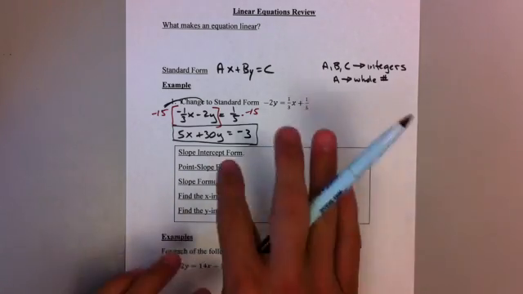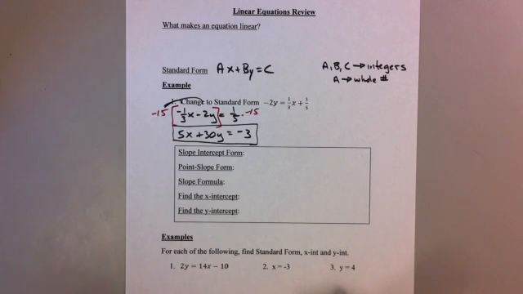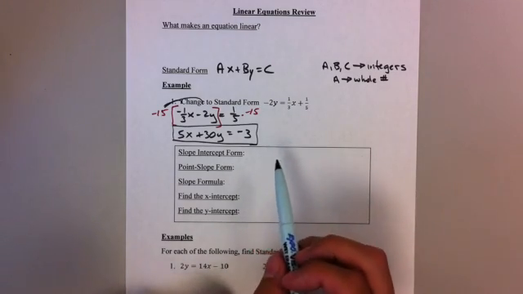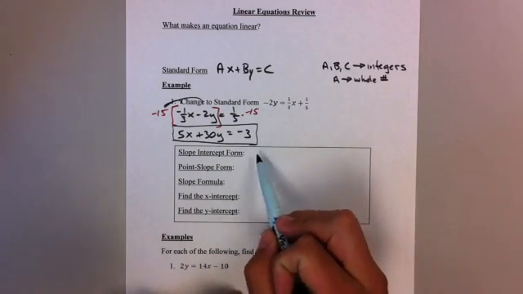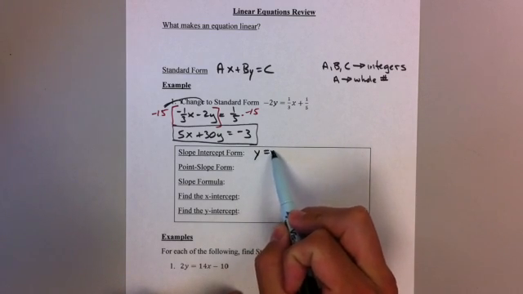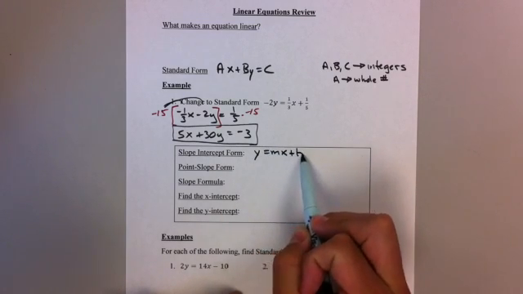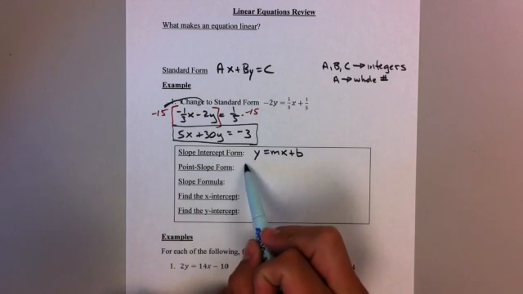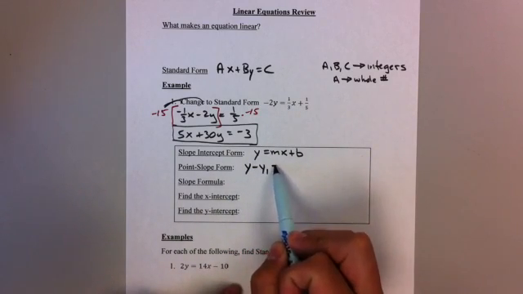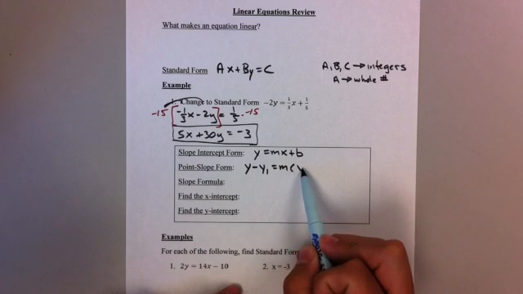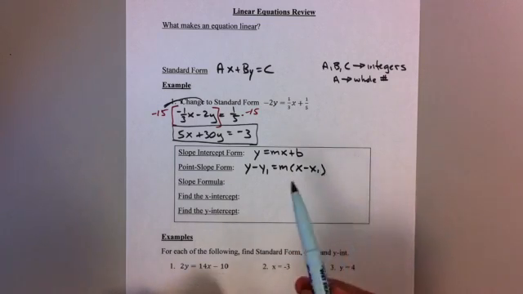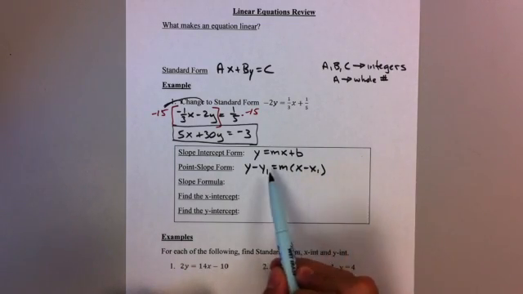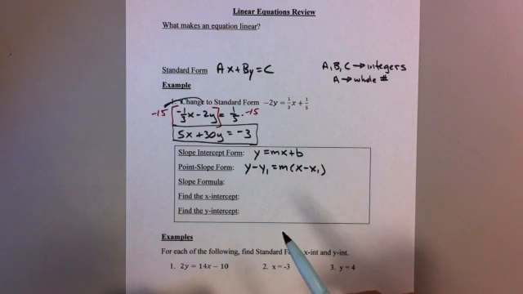So let's go through. I got a whole list here of stuff that hopefully is review. Slope-intercept form. This is the one you probably know really well. That's y = mx + b. Remember where m is your slope, b is your y-intercept. Point-slope form: y minus y1 equals m times x minus x1, where m again is your slope and (x1, y1) is a point that you would use.